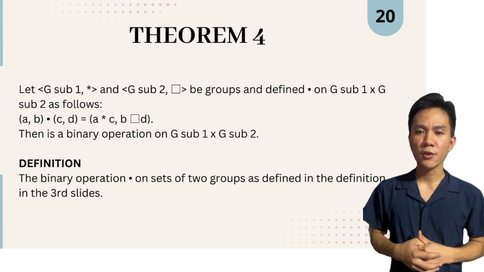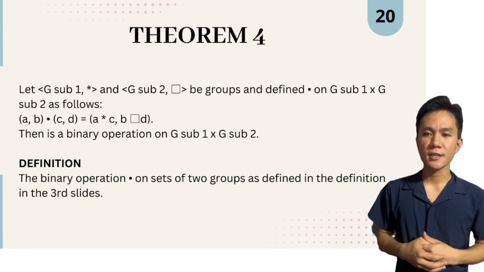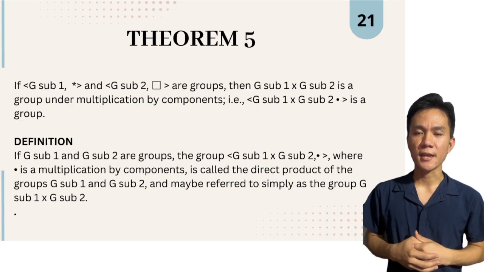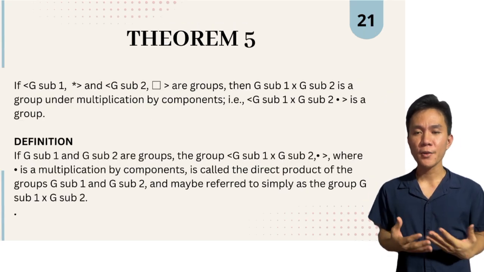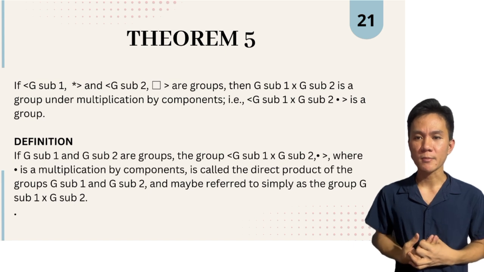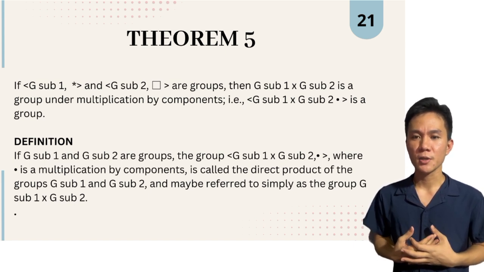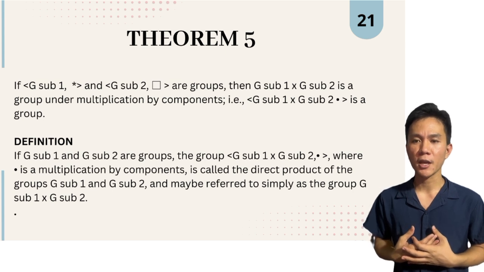Definition. The binary operation on the set of two groups is defined as above. Theorem 5. If G sub 1 with star and G sub 2 with times are groups, then G sub 1 times G sub 2 is a group under multiplication by components.